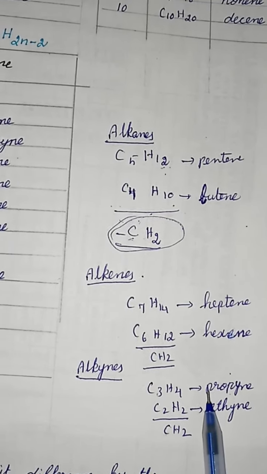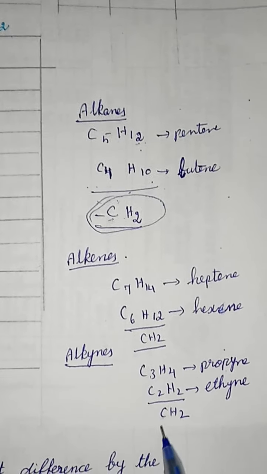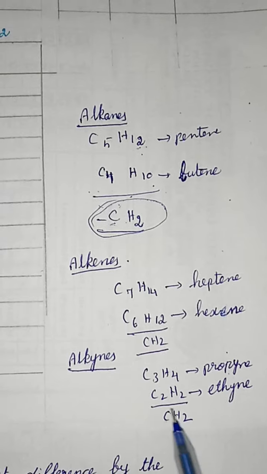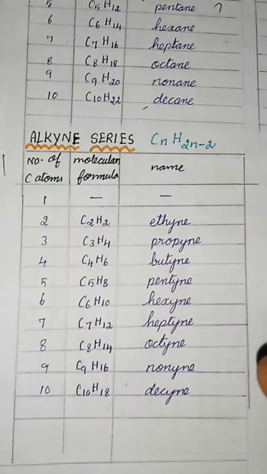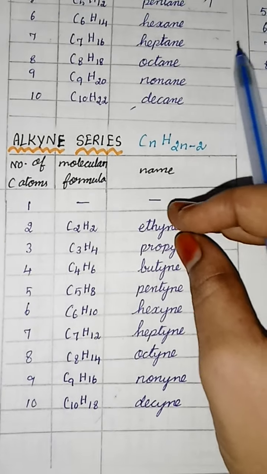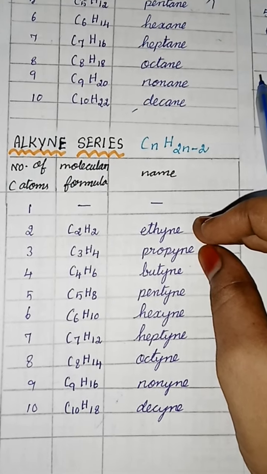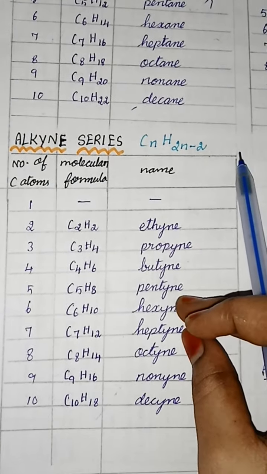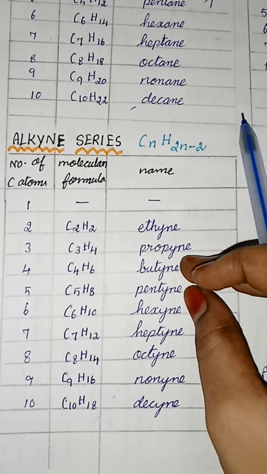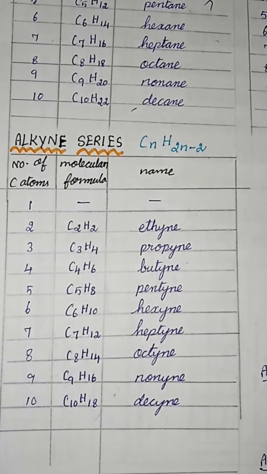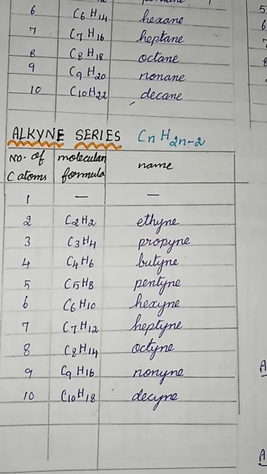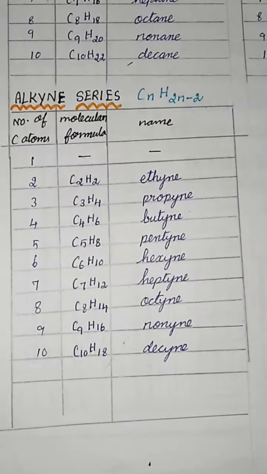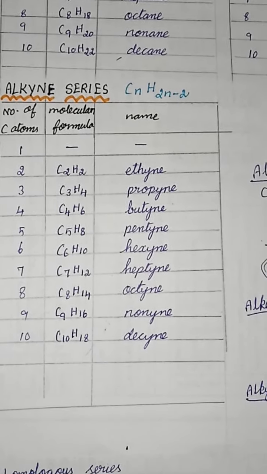These two are succeeding members, and these two succeeding members differ by the group CH2. So any succeeding members, not only ethyne and propyne, but hexyne and heptyne, butyne and pentyne, whatever they may be, any two succeeding members containing a CH2 group difference form a homologous series.